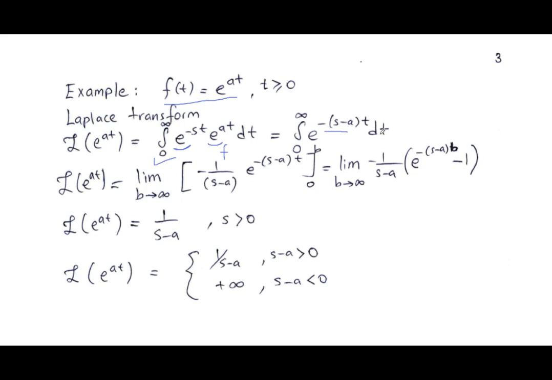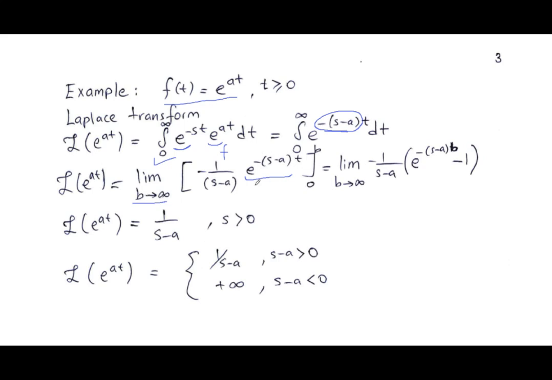We know how to integrate the exponential. Basically, you will need to divide with this coefficient and rewrite the exponential. So we rewrite the exponential, and then we have minus 1 over s minus a. And then we write this as b goes to infinity.